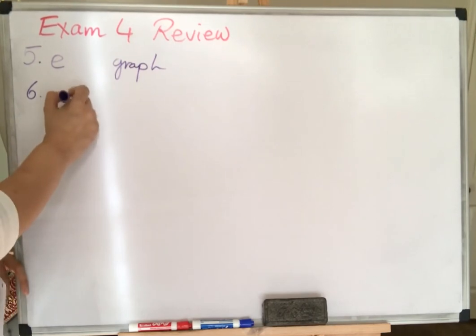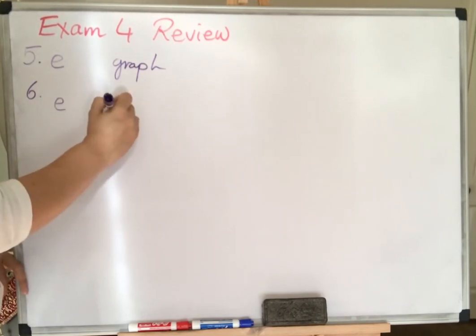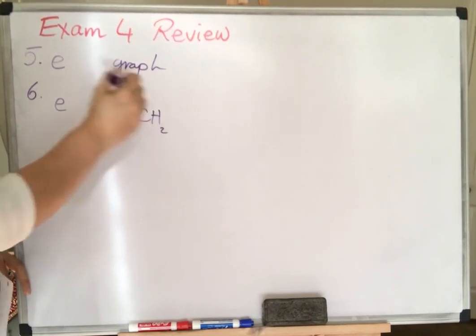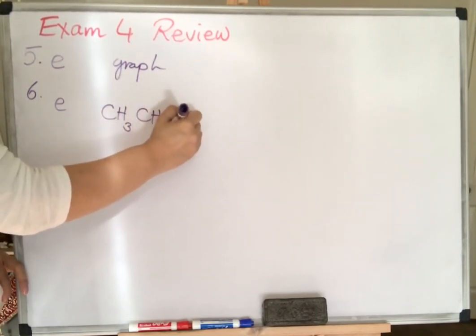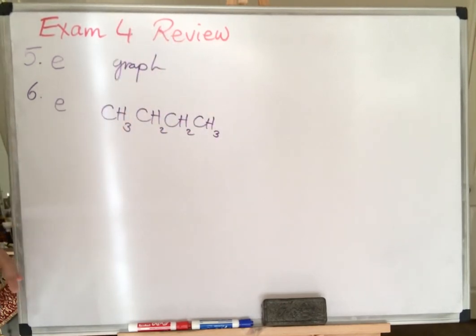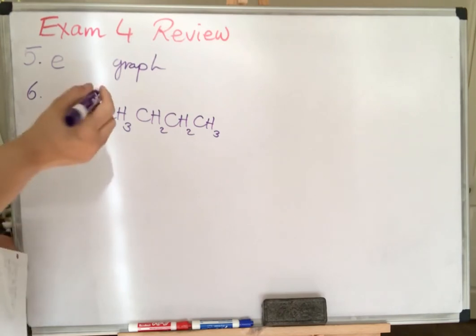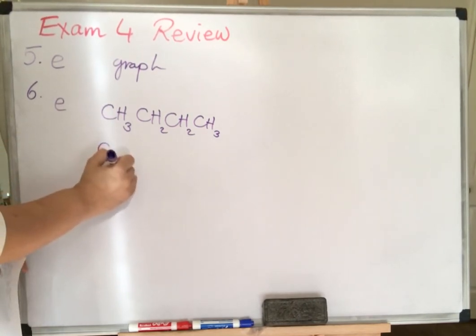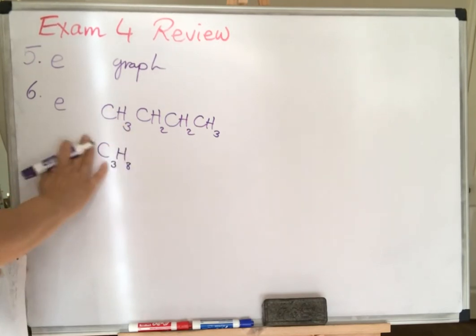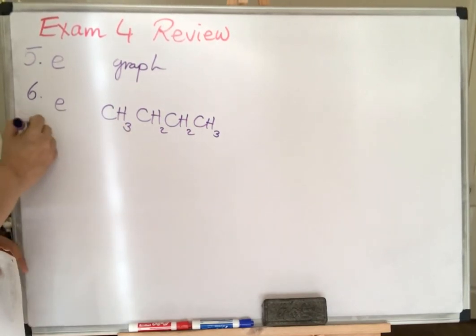The only one which shows the condensed formula has no bonds, nothing. It's just a combination of atoms and subscripts, so it's going to be E. And you might say, how about C3H8? It is not the condensed formula, it's just the general formula. So E is the correct answer.